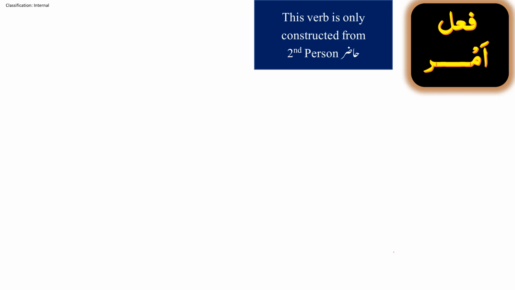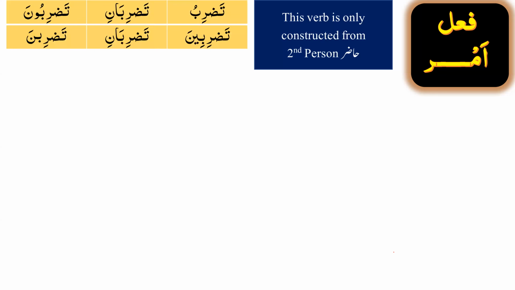This verb is only constructed from the second person hazir. Yes. So this verb is only constructed from fi'l mudare, not fi'l mazi, and only from the second person hazir. So it is very short. What is hazir?